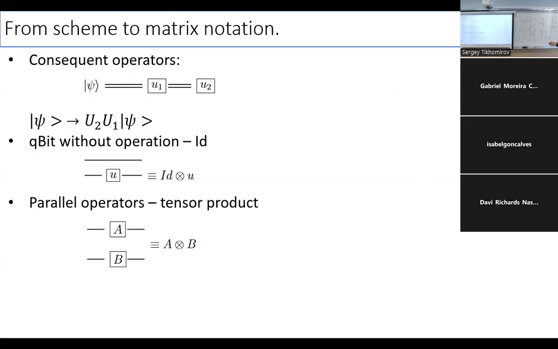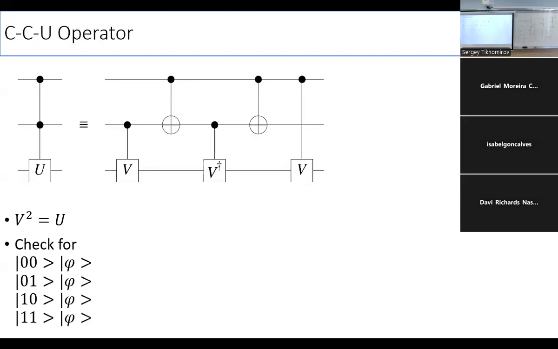So we first multiply by u1 and second we multiply by u2. If we have one qubit on which there is no operation and on the other there is some operation, then this is identity tensor U. If we have two parallel operators A and B, then this is the same as their tensor product. And so this is a notational remark.